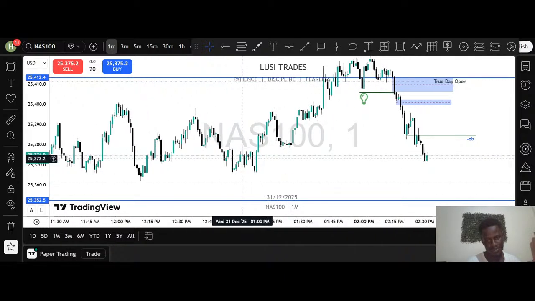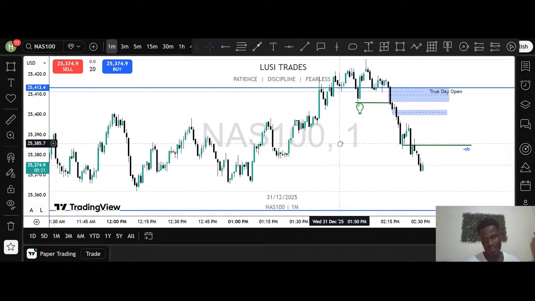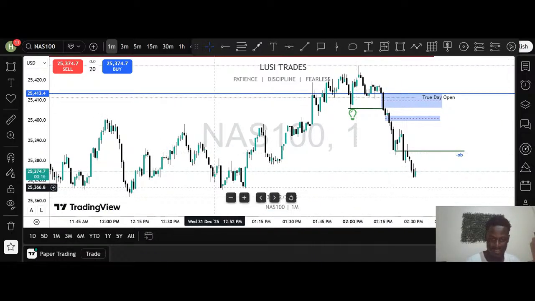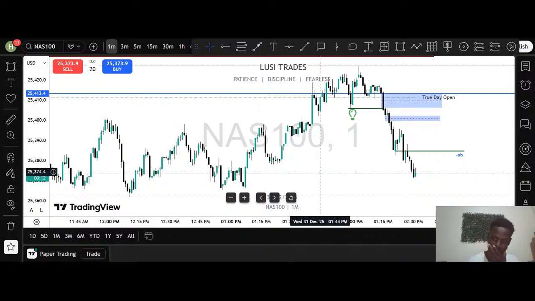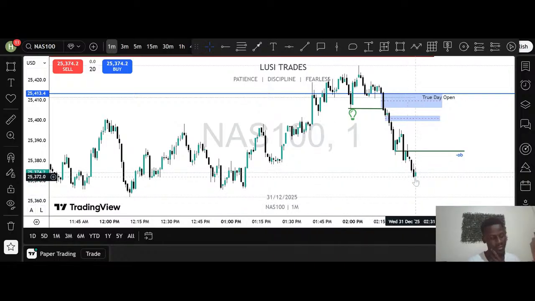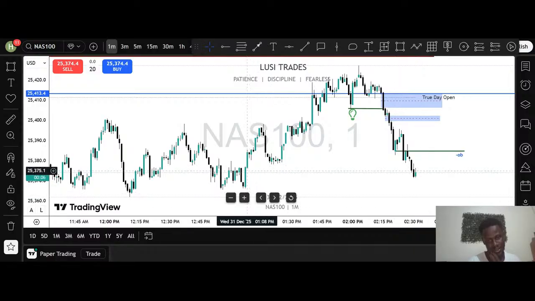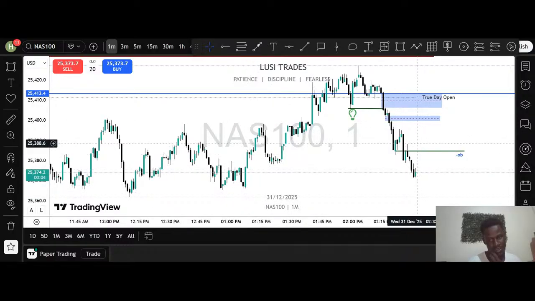That's a smooth level that you want to see price tag. Also watch this, can it hold price and push it maybe to the premium level? Because right now we are trading inside the discount.